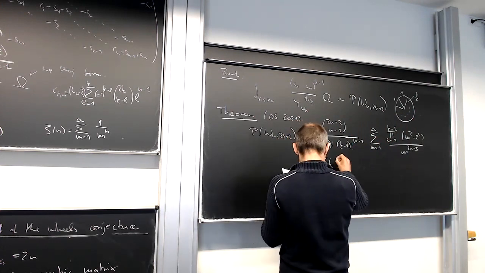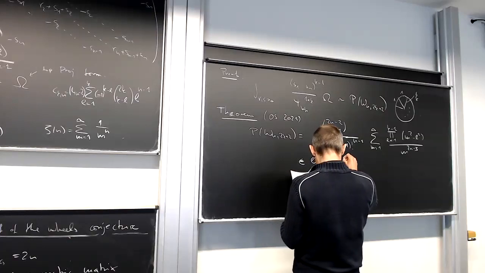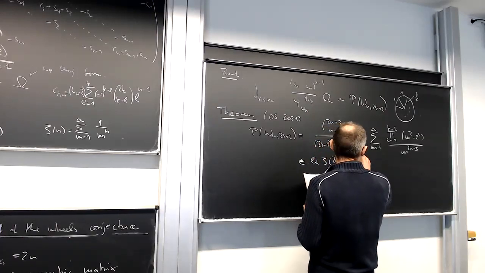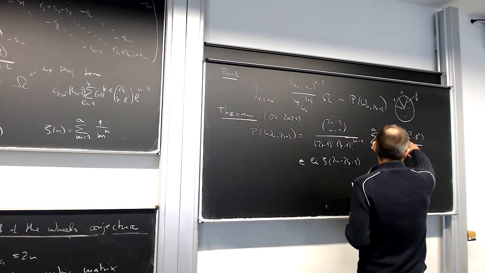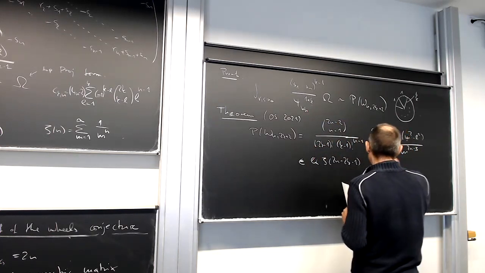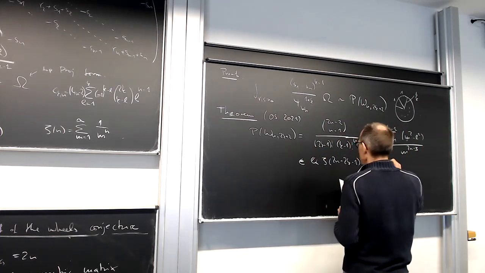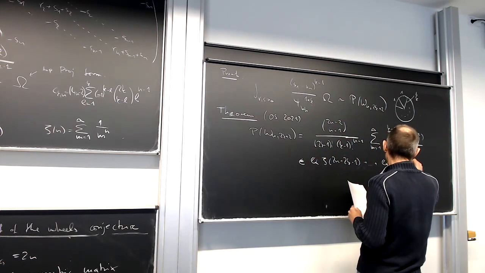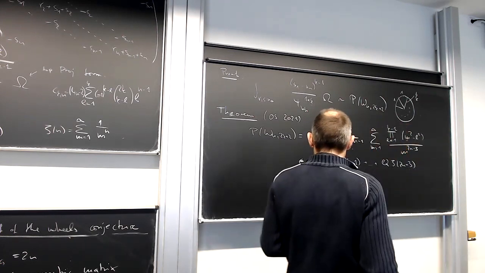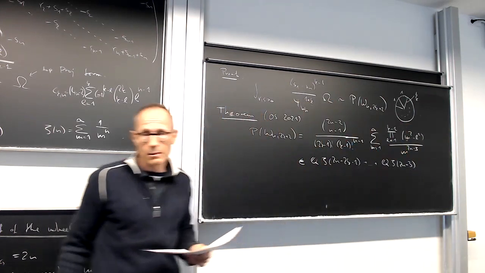So it's a sum of theta 2n minus 2k minus 1. This is the smallest case, which comes from k minus 1 powers of m squared. And then the weight goes all the way up to theta of 2n minus 3.